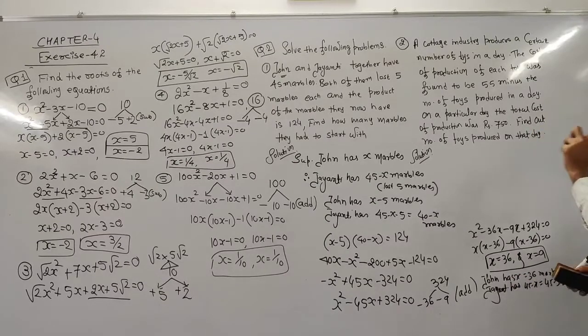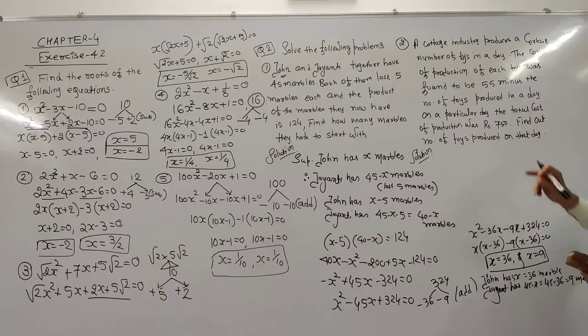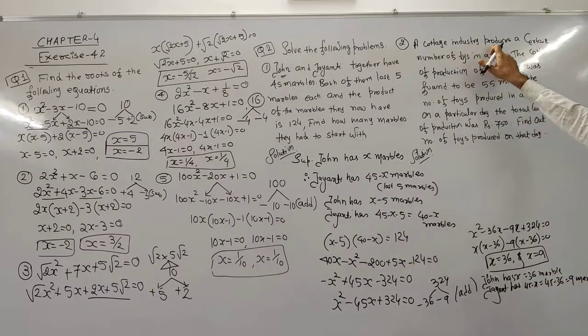Well, now let me solve example number 2. A cottage industry produces a certain number of toys in a day.